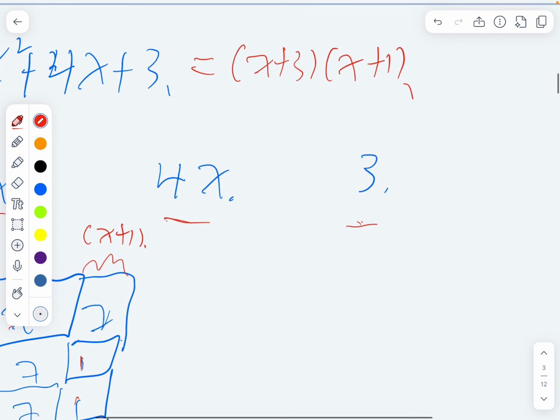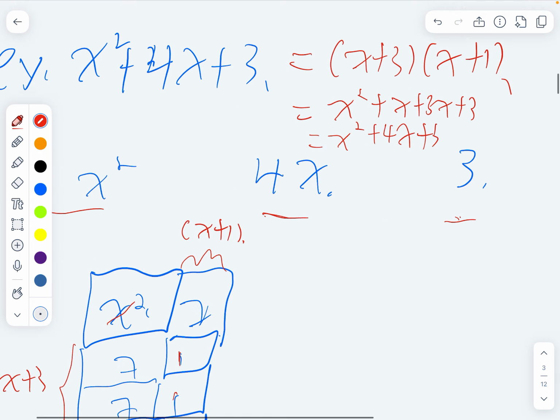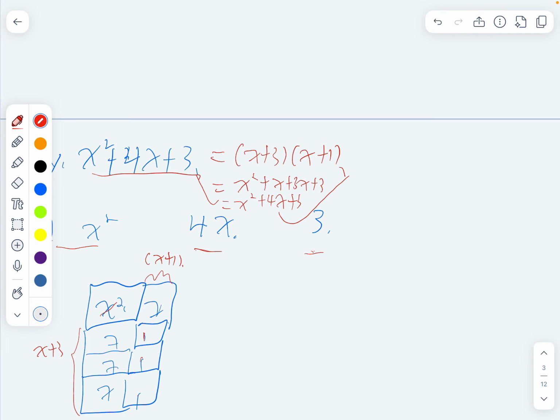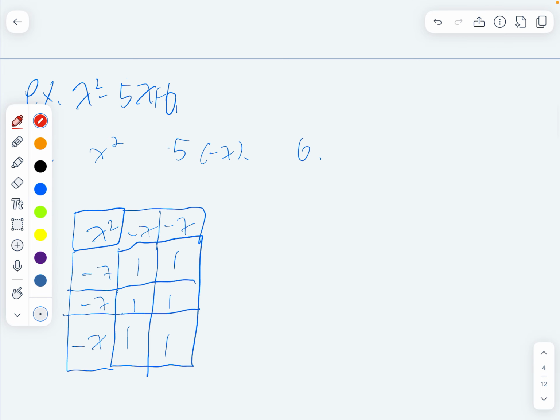Okay, now we can check it using FOIL: x squared plus 3x plus x plus 3 equals x squared plus 4x plus 3. It's the same one, so that makes it correct. Let's move on.